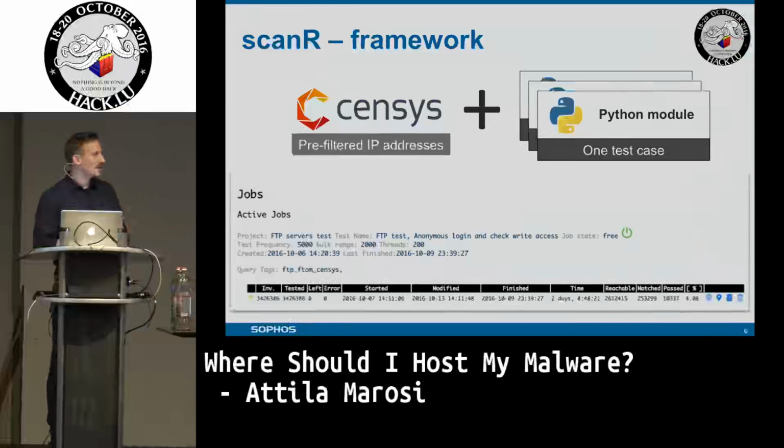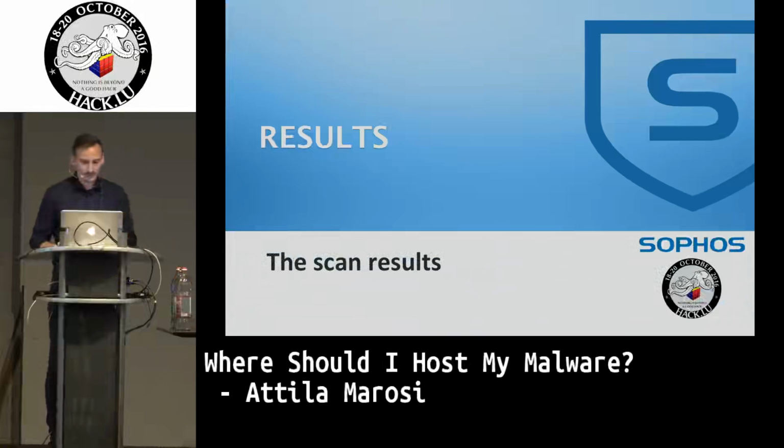So you can put it on a map or feed other services with the results, or maybe feed another test, so you can link the tests with each other. In this screen, as you can see, there were more than 3 million IP addresses, and finally, in this test case, there were 10K IP addresses which passed the test.